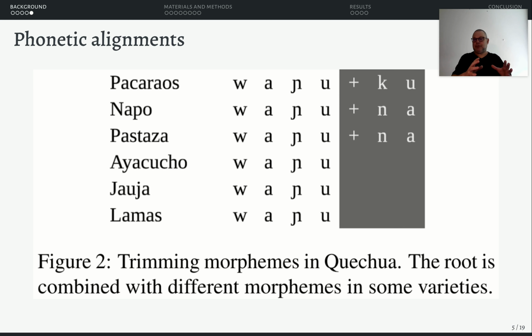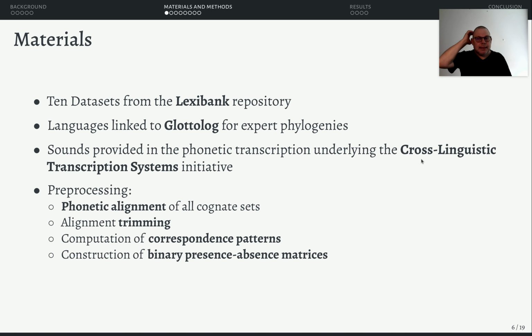In the next step, after doing this multiple sequence alignment, we trim these alignments, basically throwing out columns which don't contain a very reliable signal. Then these trimmed alignments are reformatted as binary presence-absence matrices, similar to the cognacy data, and used as the basis for phylogenetic inference. We used 10 datasets from the Lexibank repository, a collection of word lists spanning many language families.